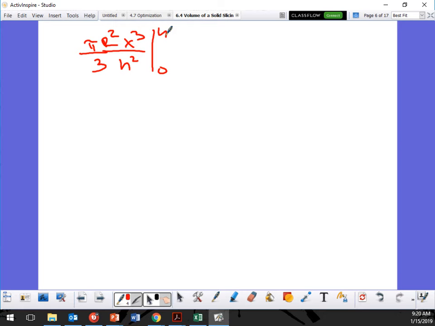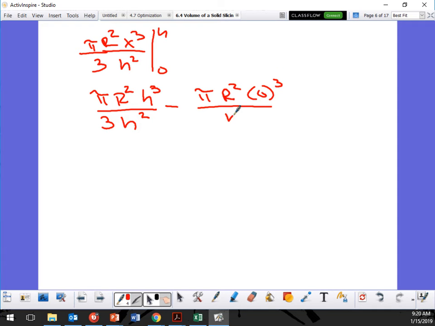So what's going to happen at the bottom right here? If I plug in h, it's going to be pi r squared, and that's going to give me what? h to the 3rd over h squared, minus pi r squared 0 to the 3rd over h squared.